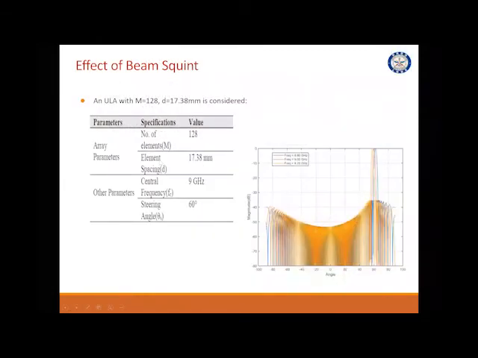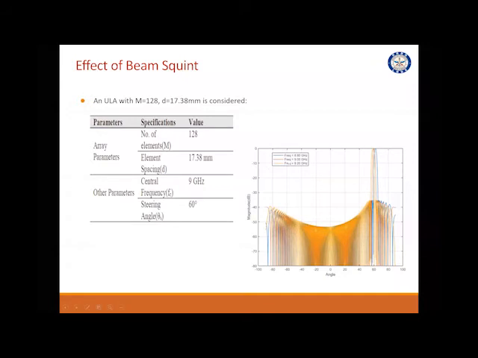For those who are new to beam squint, I've pulled out some results. Suppose you assume an array of 128 elements with an element spacing of 17.38. You can see that at 9 gigahertz, it is pointing at exactly 60, that blue color, almost maroon.